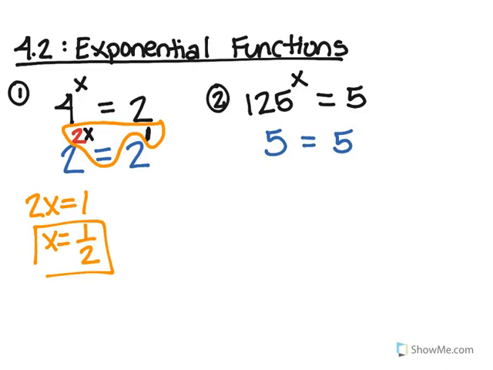Now, if you need to pull out your table, your chart, pull it out because it will help you see your exponents. If you don't know, 5 to the third power is 125. I would need to raise 5 to the third power in order to get 125.